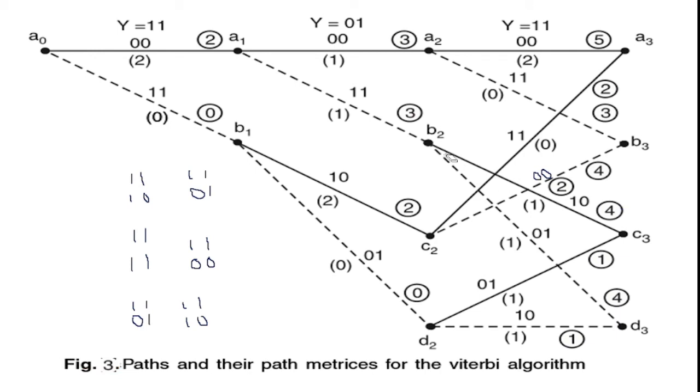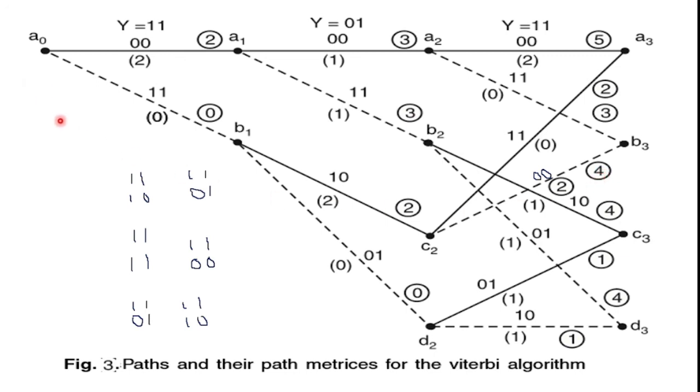Now here, 2 plus 1 plus 1 is equal to 4. This is correct. And this path 0 plus 2 plus 2 is equal to 4, summing the running path metric.